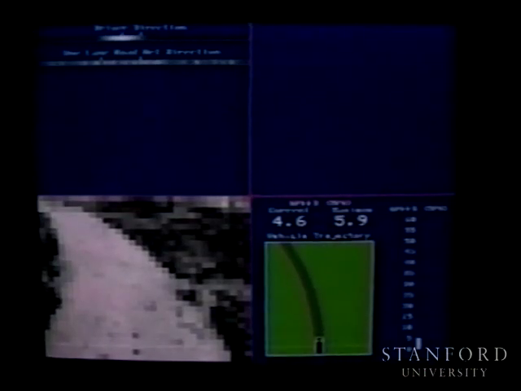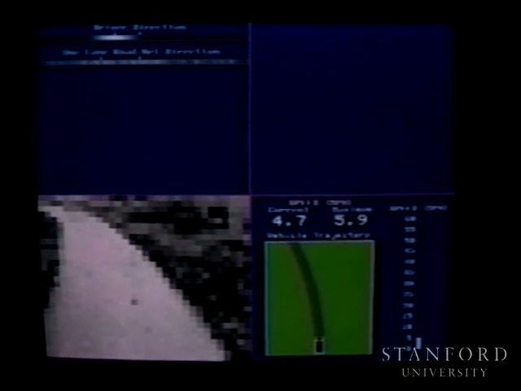Once every 2 seconds, Alvin digitizes a video image of the road ahead and records the person's steering direction. This training image is reduced in resolution to 30 by 32 pixels and provided as input to Alvin's 3-layered network.